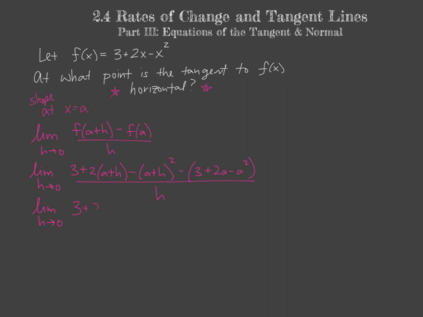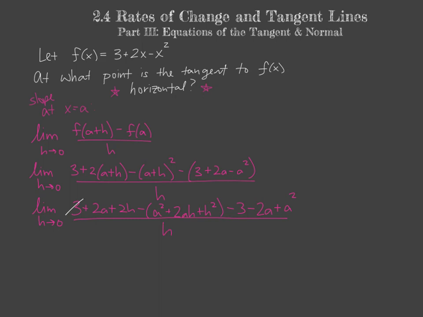So I'll have 3 plus 2a plus 2h minus, I'm going to square this using our shortcut, a squared plus 2ah plus h squared, then minus 3 minus 2a plus a squared, all over h. And I want to see, is there anything that I can just cancel out at this point that makes life easier?